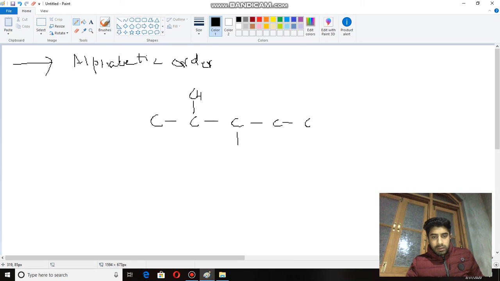This is CH3, and here it is C2H5. So let's number this from here. It's 1 2 3 4 and 5. Why? Because if I number it from here, it will be 1 2 3 4, and 3 plus 4 is 7, and from this side it's only 2 plus 3, 5. So I hope it's clear.